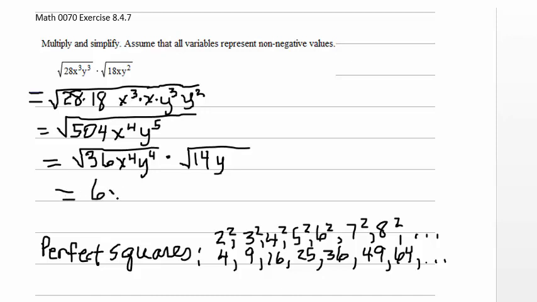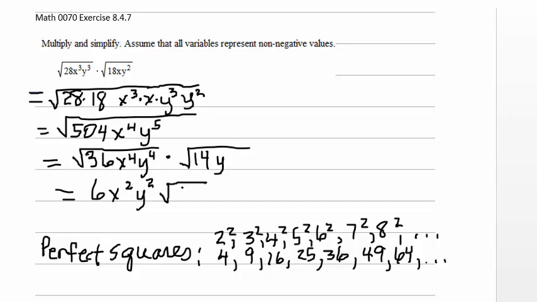So this is 6x squared y squared. And notice the index is 2. To find the square root of x to the fourth, I simply divide this power by the index. And since the index is an unwritten 2, the power when I apply the square root is 4 divided by 2, which is 2.